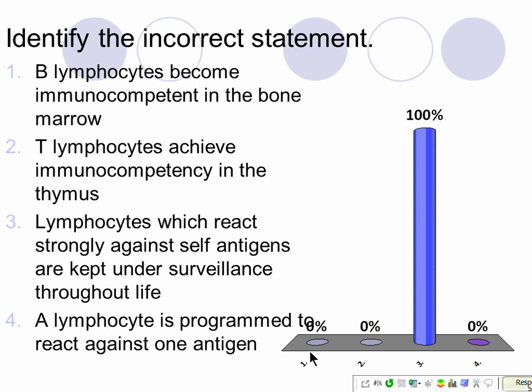Yes, those that react against self-antigens are not kept under surveillance throughout. They are destroyed right away. Imagine, it takes too much trouble for the body to keep these guys under surveillance. Imagine if you had people in a country who were going to be terrorists to your country. You're not going to keep them under surveillance, right? You're going to, well, probably not kill them, but you want to keep them away, right?